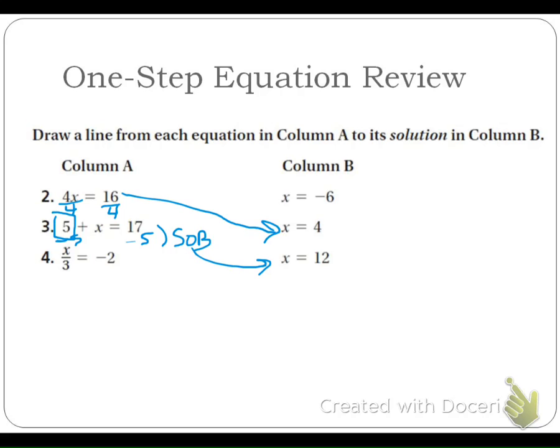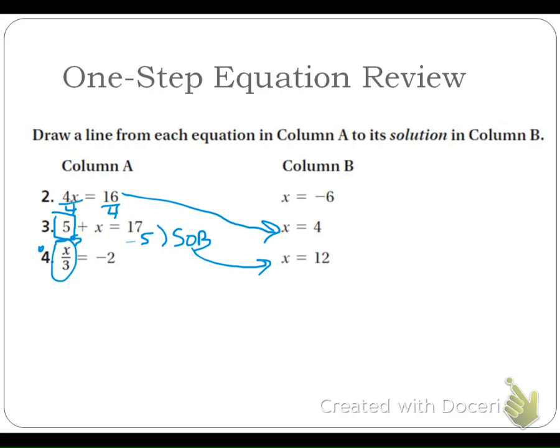Process of elimination obviously will tell you what the last answer is, but let's make sure you understand why it is. Here you have x divided by 3 equals negative 2. On the side of the equation with our variable x, you'll see that you have a coefficient of 3 that's being divided, or it's under our variable. So what did we say to remember how to get rid of a coefficient that's under our variable?